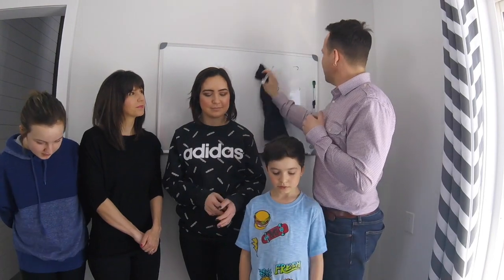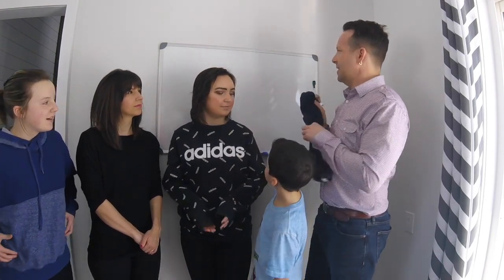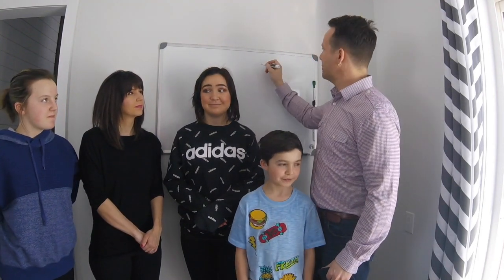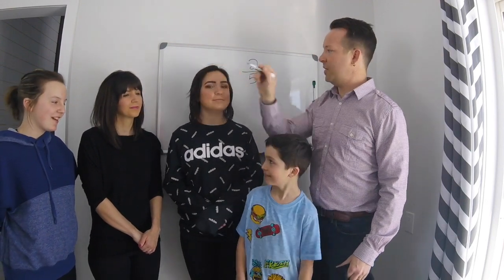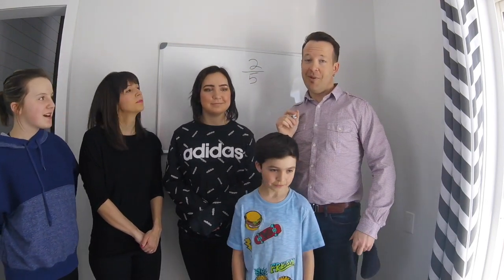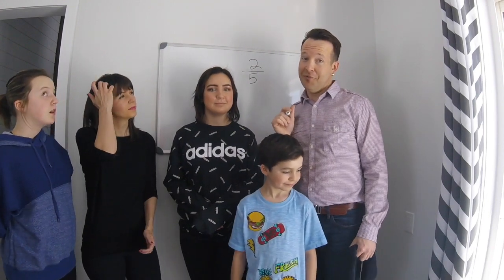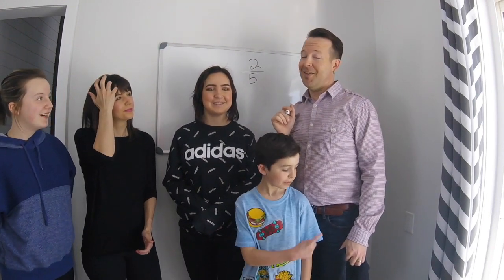Now let's look at this. How many people in my family are teenagers? Well, there's 2 people in my family who are teenagers. Sorry, Jeff. 1, 2. How many people in my family are over the age of 40? 2.